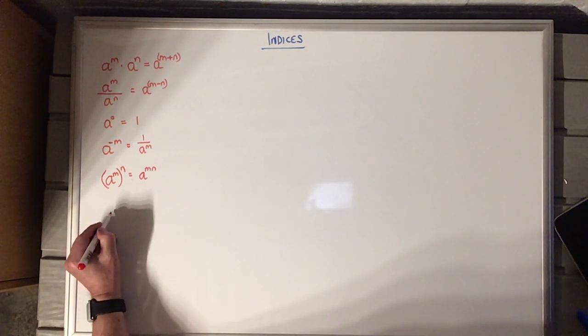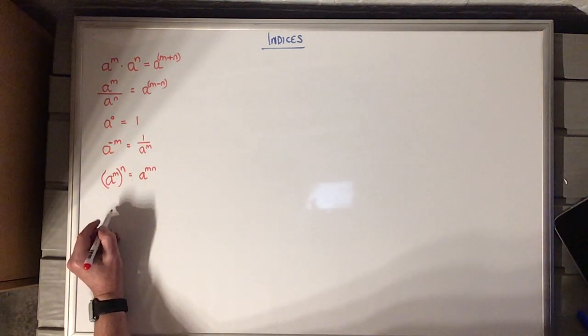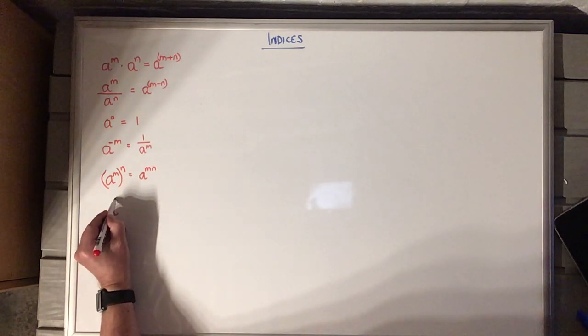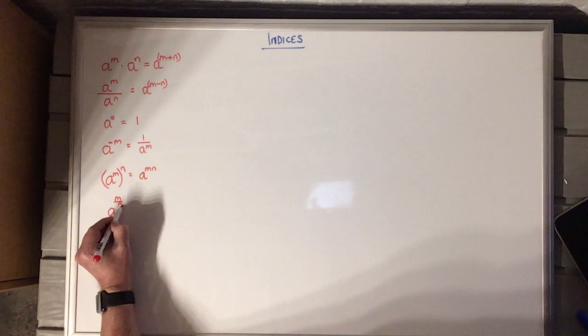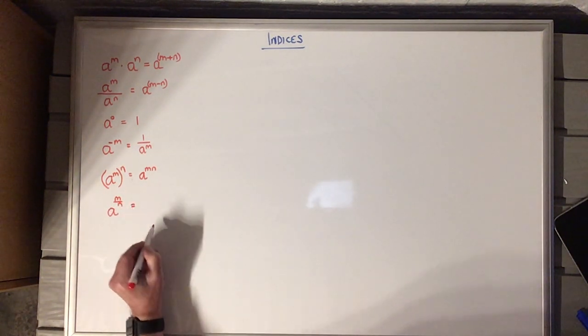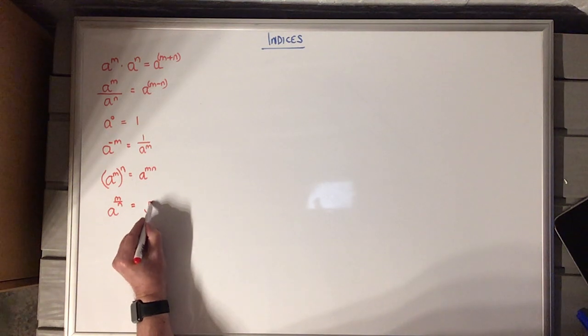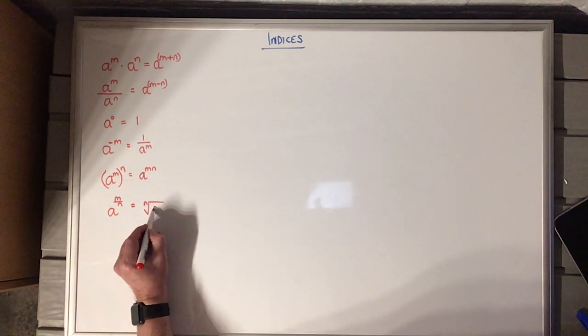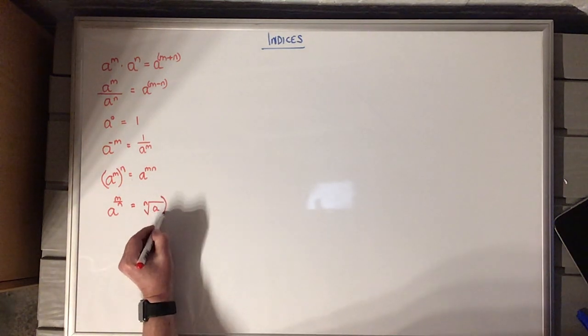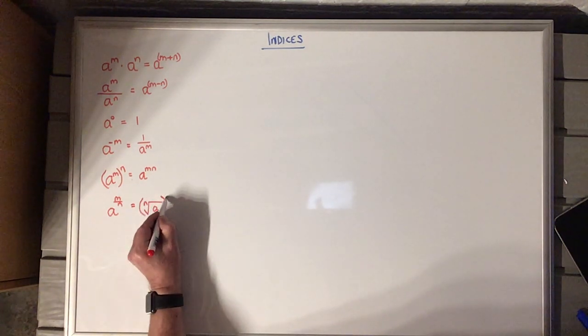And the last rule, if we've got a fraction, so if we have a to the power m over n, that's a fractional power, well, that's the same as the nth root of a, all to the power m.